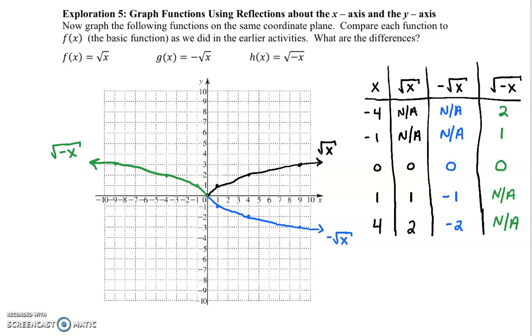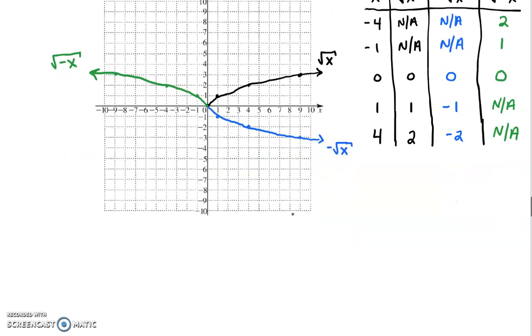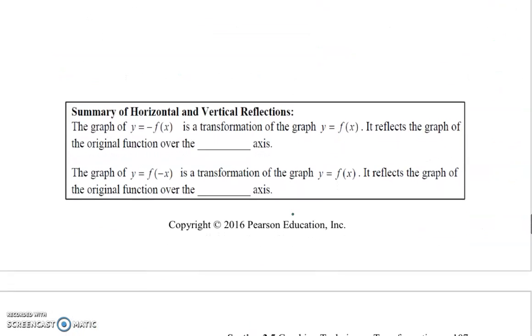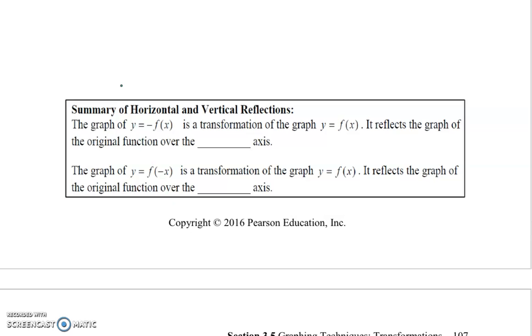So you can see this one, the negative outside the square root, reflected across the x-axis, and the negative inside the square root reflected across the y-axis. So let's just sum that up real fast.